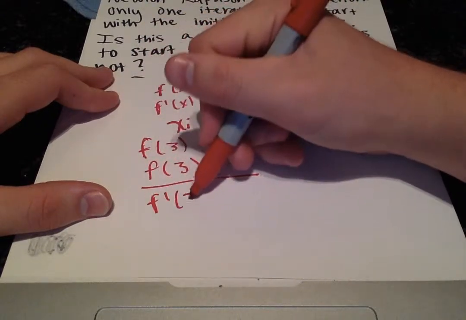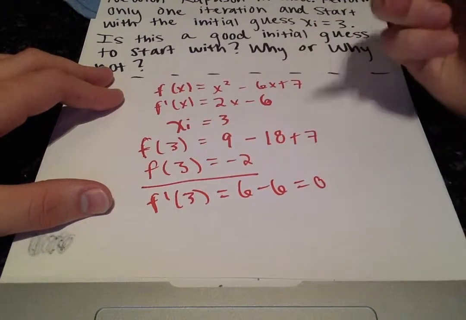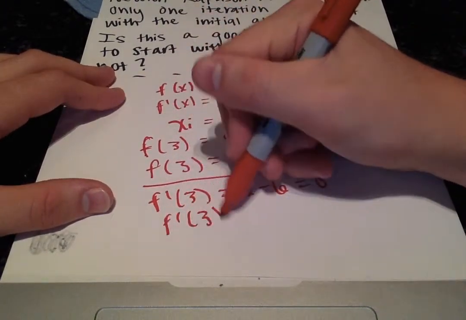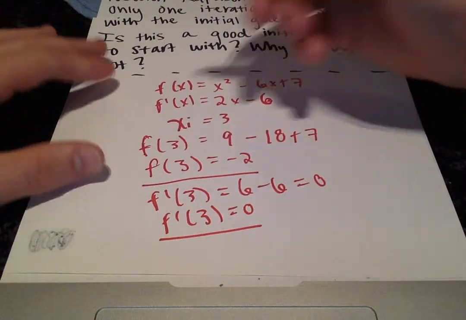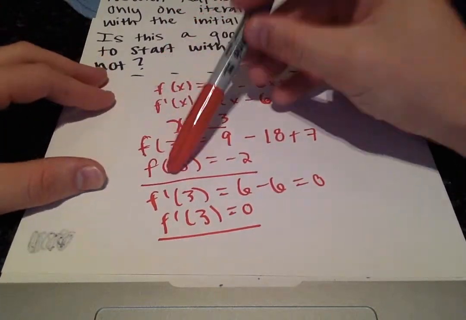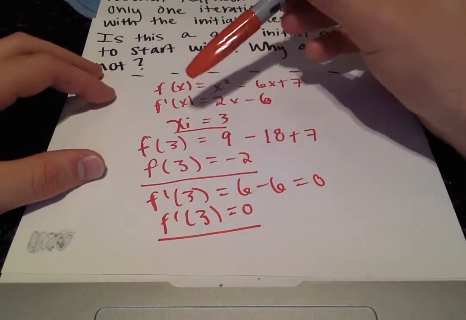And f prime of 3 is going to be 6 minus 6, or 0. f prime of 3 equals 0. So we have our x sub i value, our function value, and our derivative value all at x sub i.